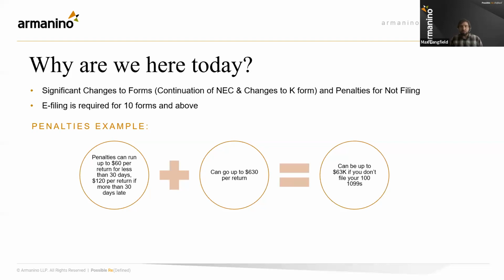This time last year, the IRS had determined that they were going to lower that threshold to $600 and no limit on the number of transactions. And then on about December 29th, they delayed it by a year. Now, over this last weekend, they have delayed it again by another year. So for this year, the $20,000 threshold and the 200 form threshold still applies. There are no changes as of right now.